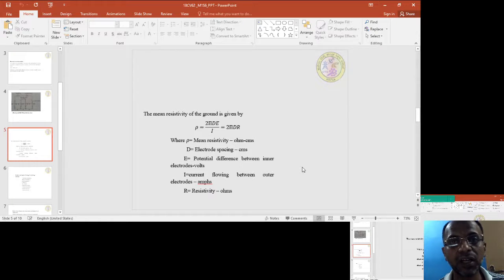That chart or table clearly indicates the resistivity in ohm centimeters in one column, corresponding to that type of soil in the other column.